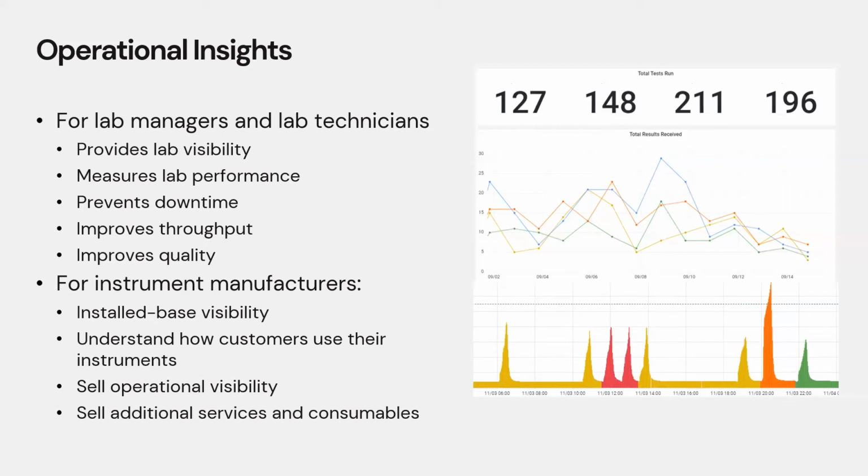So having the data insights, they can understand how customers use the instruments and therefore help the customers to be more efficient and to generate more results. By having that visibility, they can also sell it back to the customers to generate recurring revenue. It also allows the manufacturer to sell additional services and consumables because now they have the knowledge of what's needed by the customer.